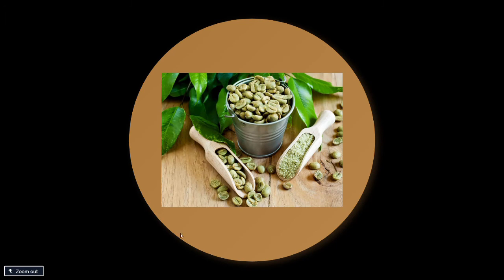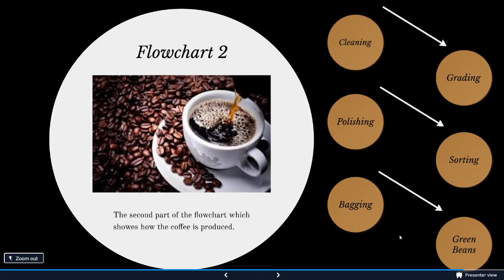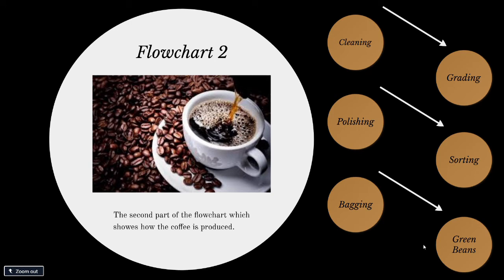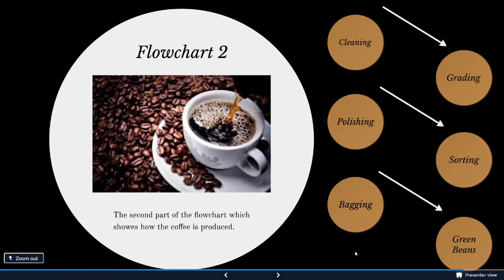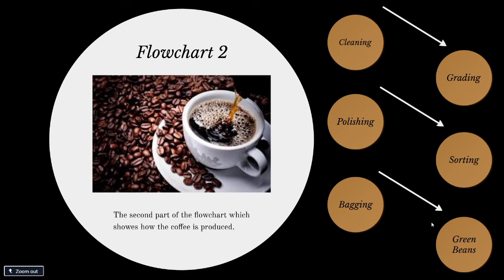Green beans are done, and now what's going to happen after? I decided not to include the last process, because this is basically how the whole process is done, from coffee cherries to green beans. After that, these green beans, of course in bags, are distributed to different places, for example Starbucks. That's the first thing that came to my mind.